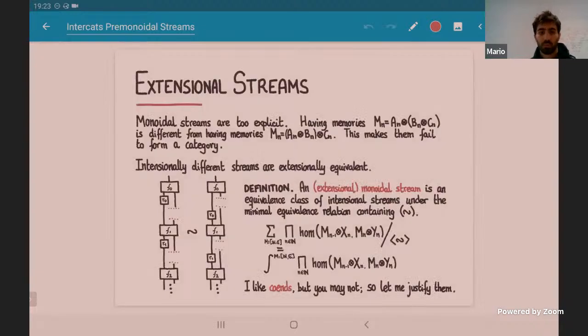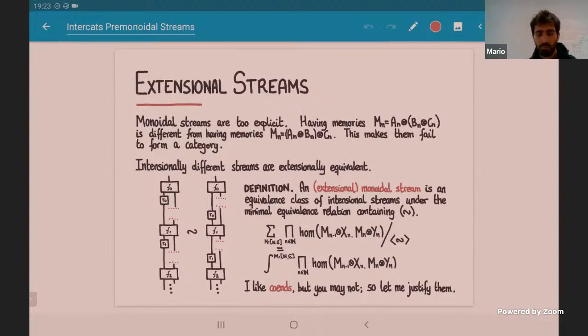I have been using coproducts to choose the memories, and this is a bit too explicit. What I mean by that is that having a memory such as A times BC is different from having a memory AB times C, which makes them not even be a category. So these monoidal streams, as we have defined them before, are too explicit.